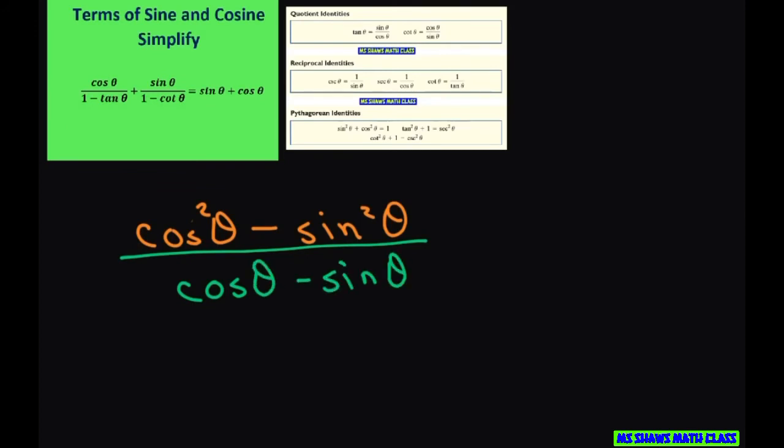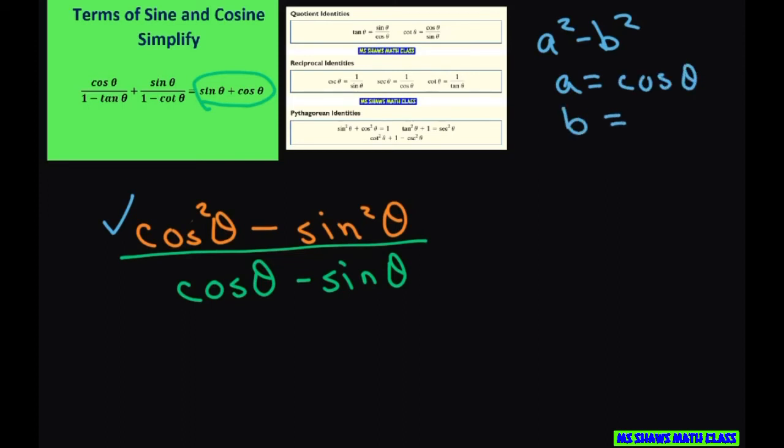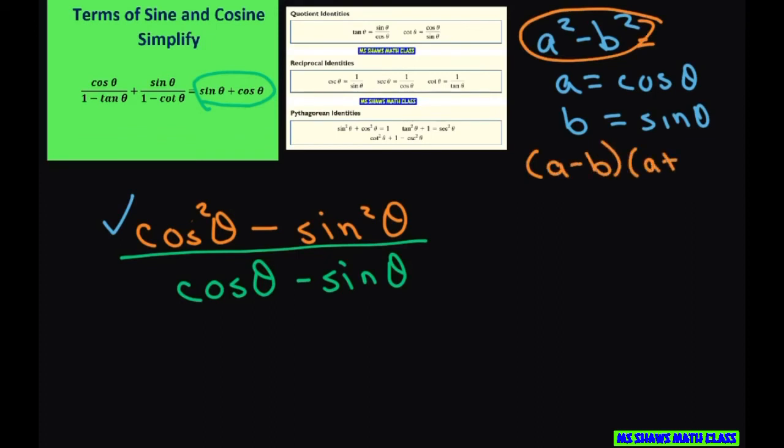All right, so remember, this is what we're looking for. This has the form a squared minus b squared, our numerator does, where our a is cosine and our b is sine. So what we want to do, this part here equals a minus b times a plus b.